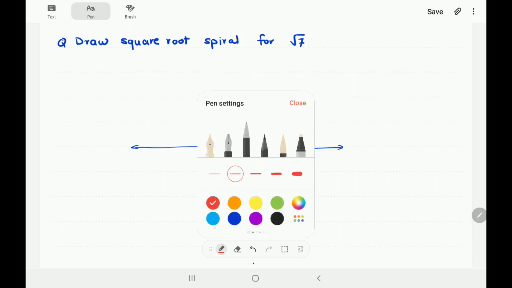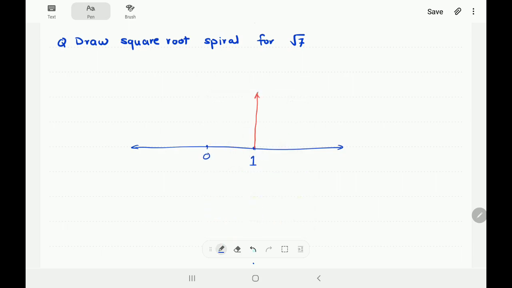Okay, I'll use blue color only. Let us draw a perpendicular on 1 and we take 1 unit here. Just imagine. So what is the hypotenuse? Is it root 2?